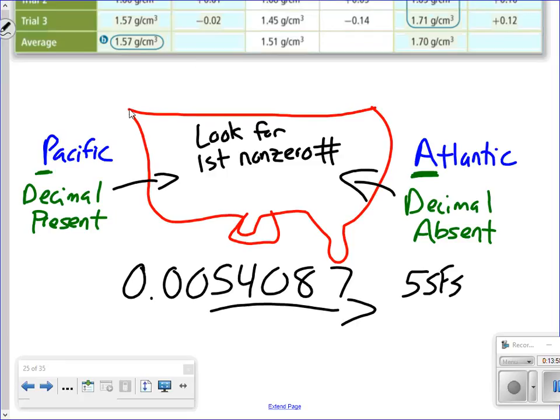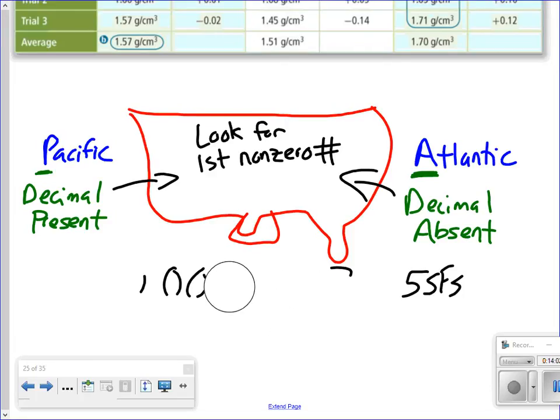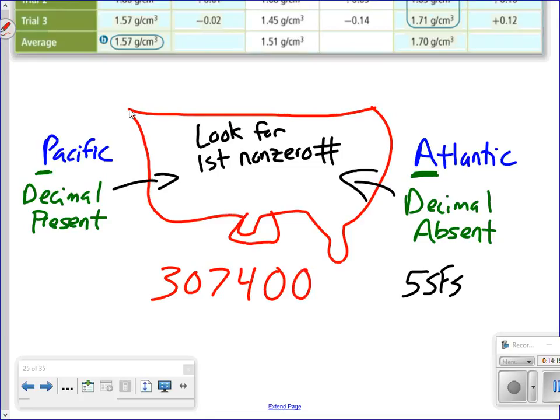Alright, want another example? Alright. So, Atlantic or Pacific side?